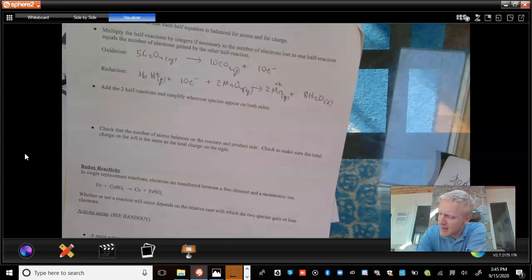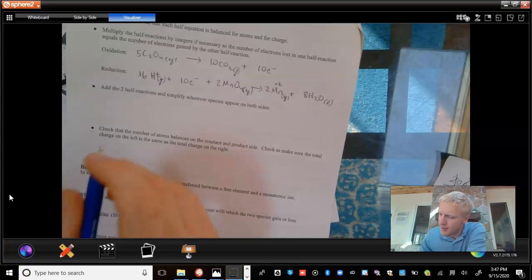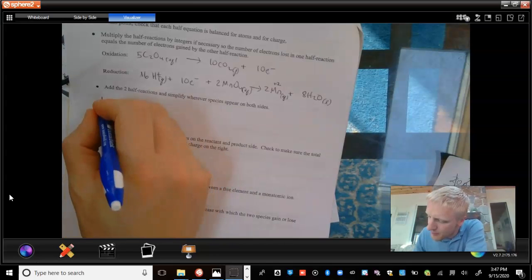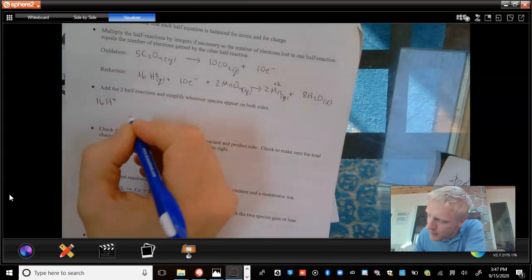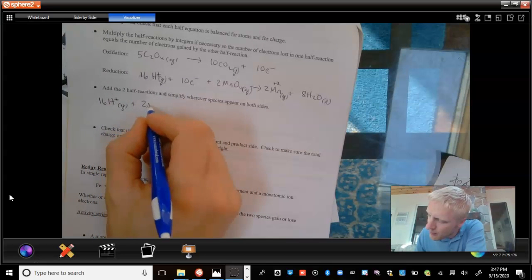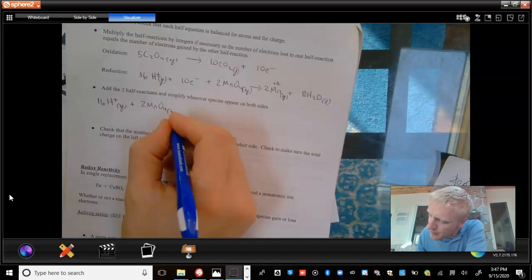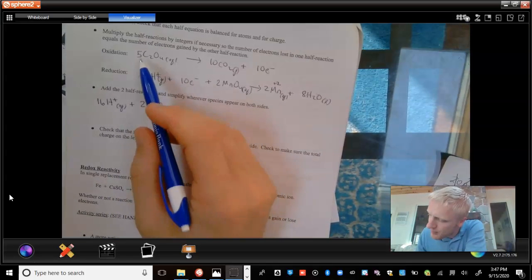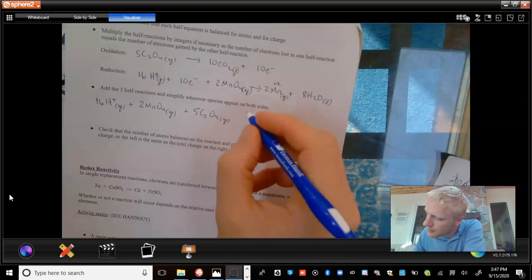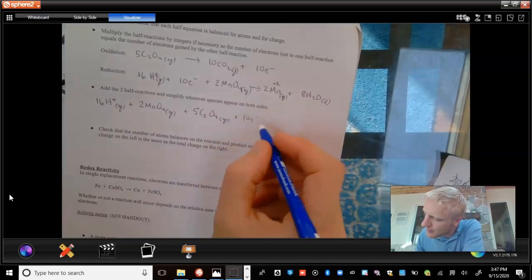It says add the two half reactions and simplify wherever species appear on both sides. So the last step is combining these half reactions. We have 16 H plus, 2 MnO4, plus 5 C2O4, plus 10 electrons.